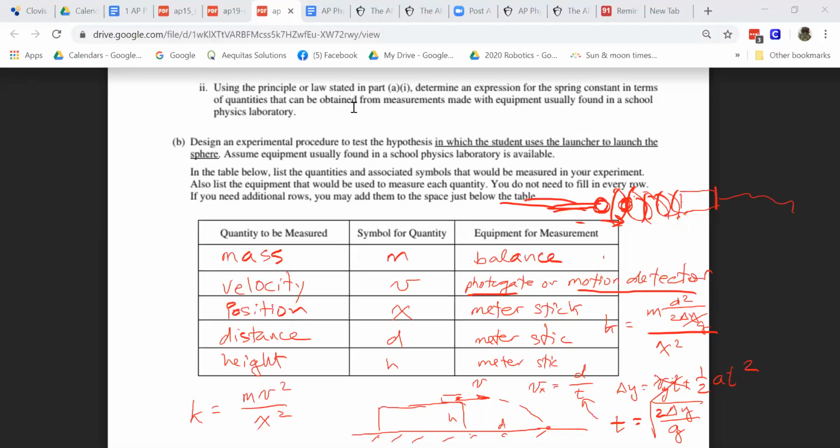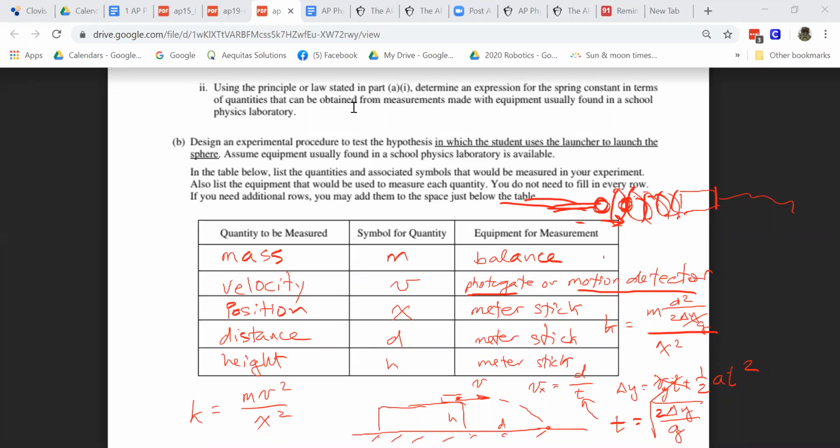But if you said photo gate or motion detector, you wouldn't have to do all of that, right? I don't think so. Okay. Although with the photo gate, you're probably going to have to measure the diameter of the ball and then divide that by the time the photo gate gives you to get the speed of the ball when it came out of the shooter.